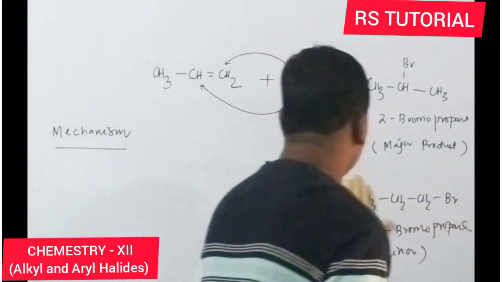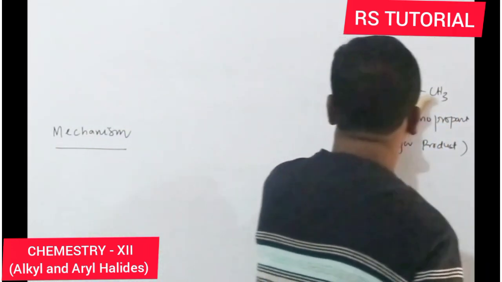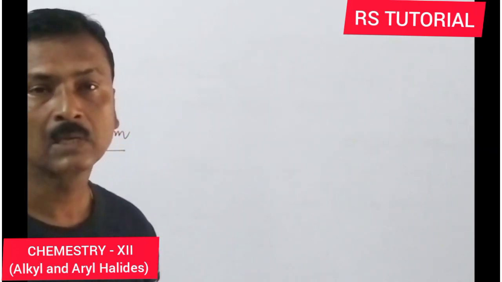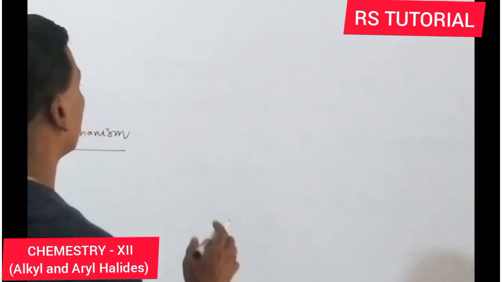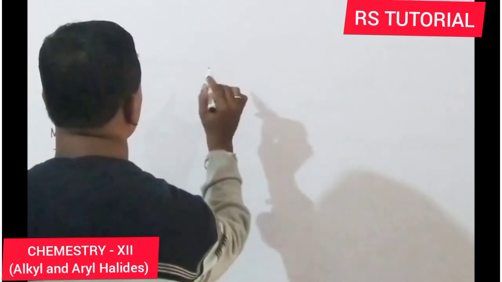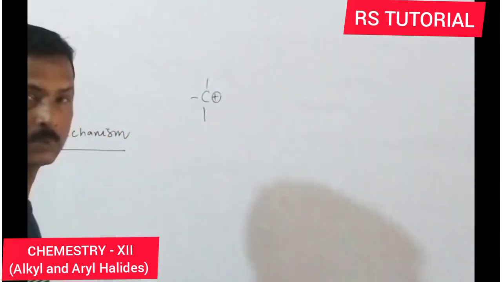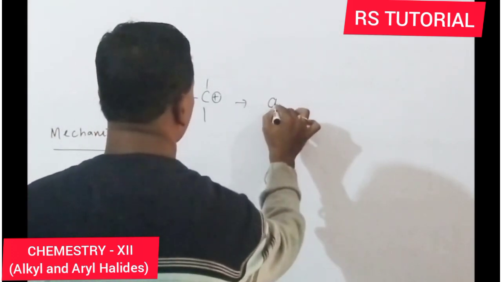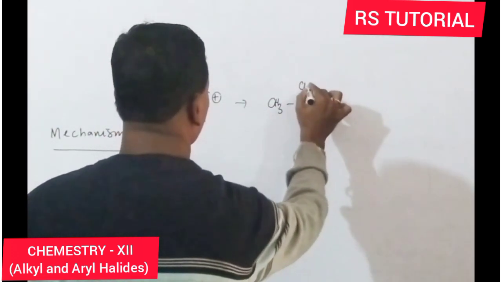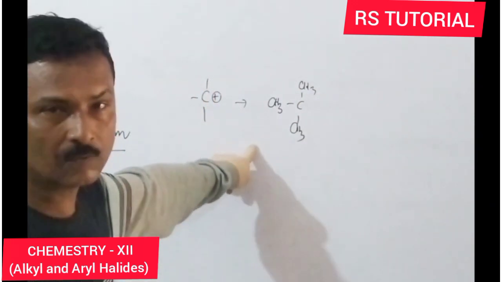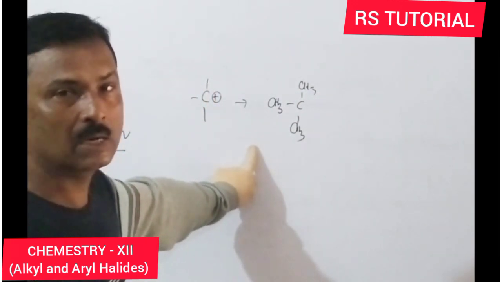Anyhow, I will discuss the mechanism. You see, before going to the mechanism in detail, I will tell you the stability of carbocation. Carbocation means positively charged carbon. The stability is: 3° carbocation, this is GOC part of chemistry taught in 11th class.